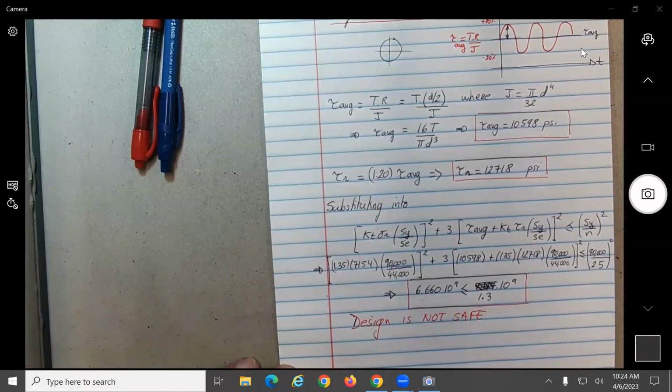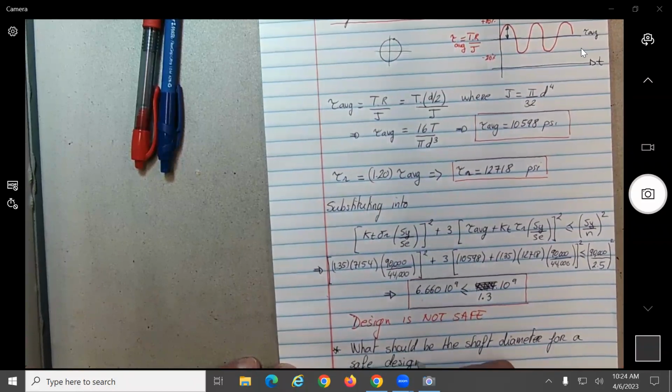So the design is not safe. Let's ask over here: what should be the shaft diameter for a safe design?